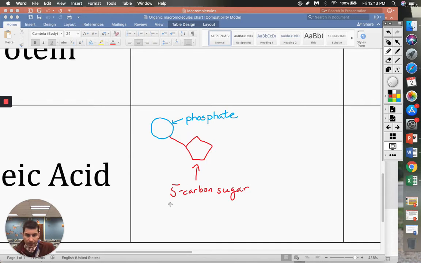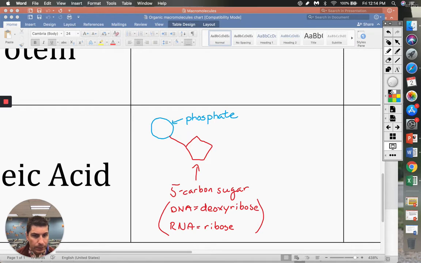For DNA, I'll just put these in parentheses here. For DNA, that 5-carbon sugar is deoxyribose. And for RNA, that 5-carbon sugar is called ribose.